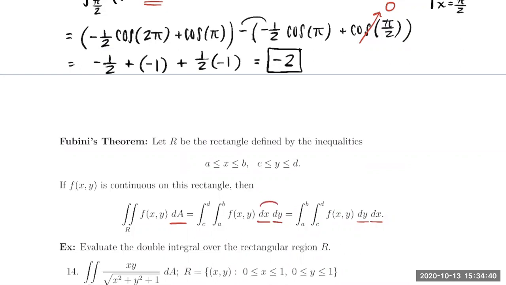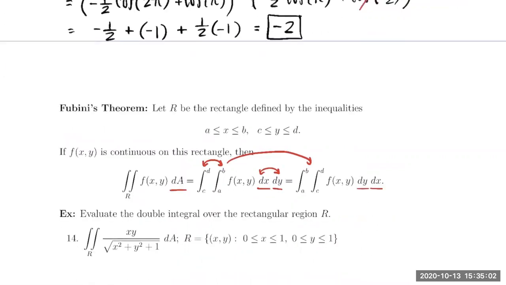Now, if you flip-flop the order of integration, you must flip-flop the limits of integration as well. So you'll notice that from this double integral to the third double integral, those limits of integration have been switched as well. So make sure that you have those in the correct order.